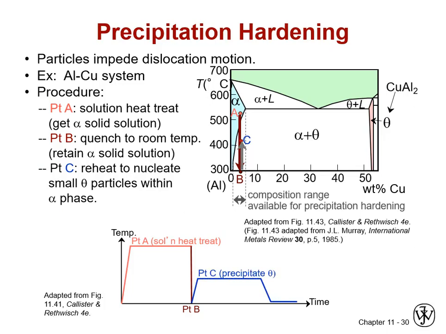back up to a temperature C and start letting the copper atoms reorganize just a little bit in preparation for forming that CuAl2 intermetallic, but don't actually let it get to the point where it has a phase boundary.